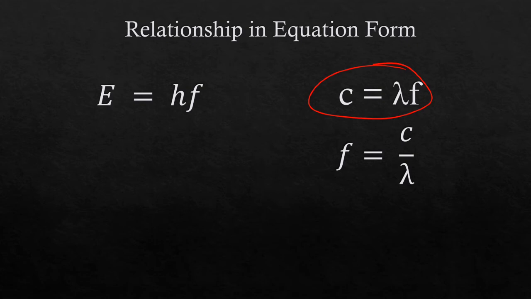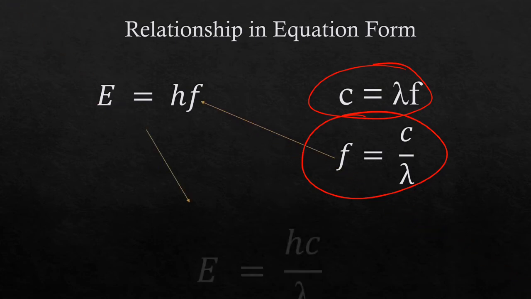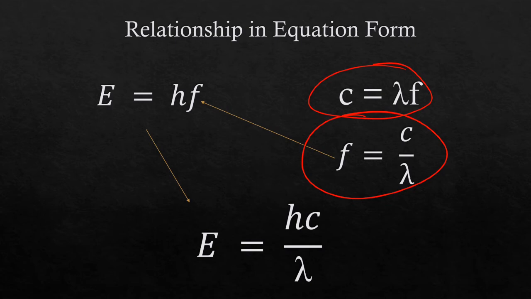So now I'm going to be plugging in this F into my energy equation. And this gets me E equals H times C divided by wavelength. So now we have a third equation that relates energy to wavelength.